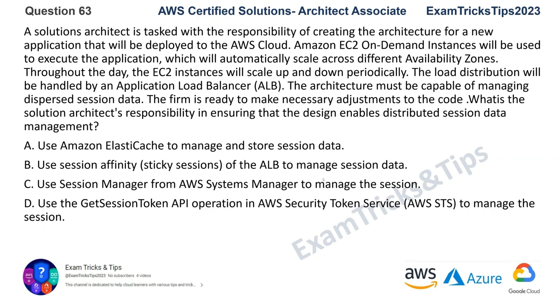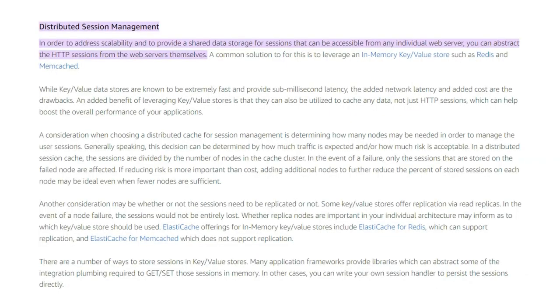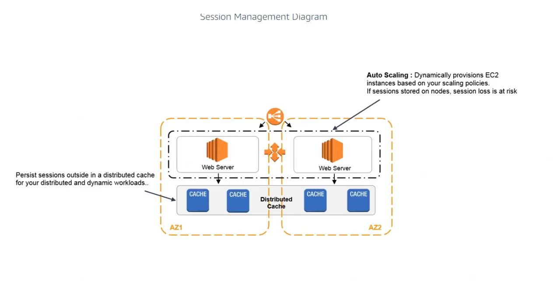So the keyword here for this question is distributed session management. And I would like to refer to the AWS documentation and an article about distributed session management. This particular article clearly says that you need to use caching, ElastiCache for Redis or Memcached, for distributed session management. If you want distributed session management, this is the solution you go for. And here is a diagram which explains how you would be able to achieve it.